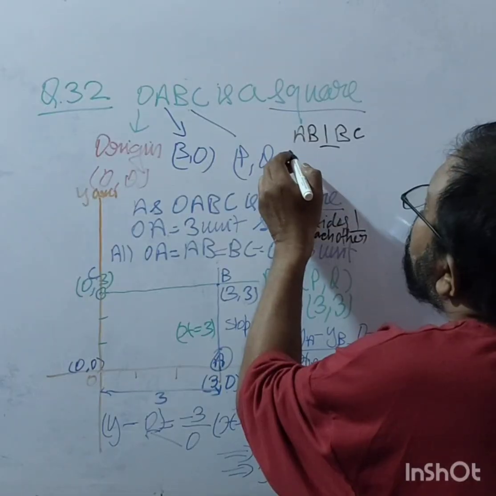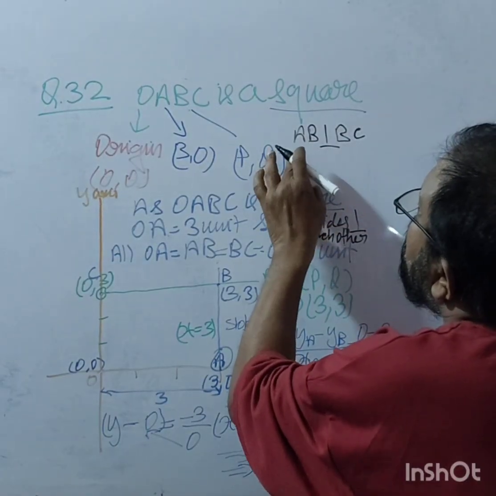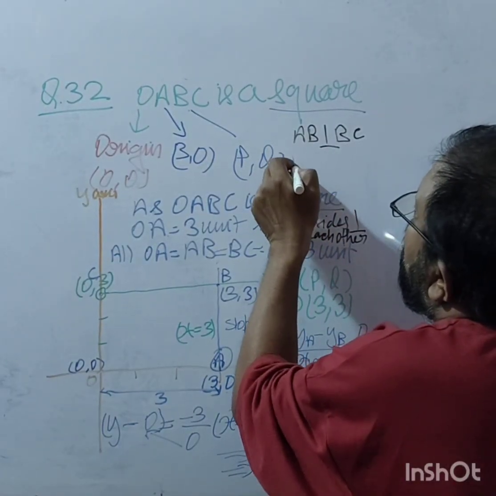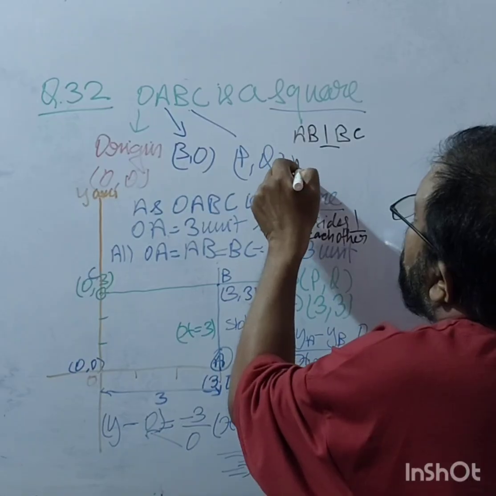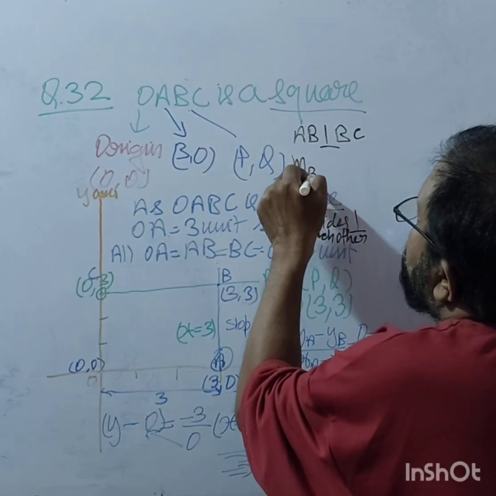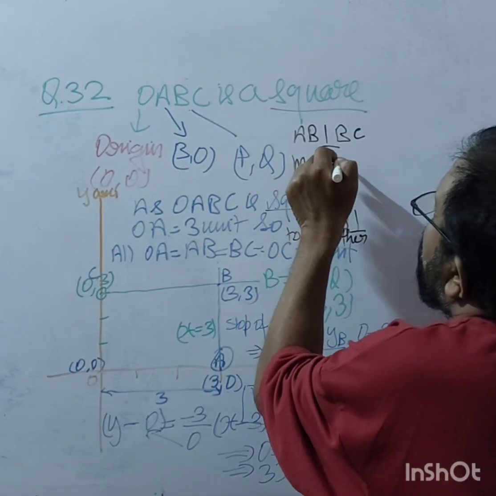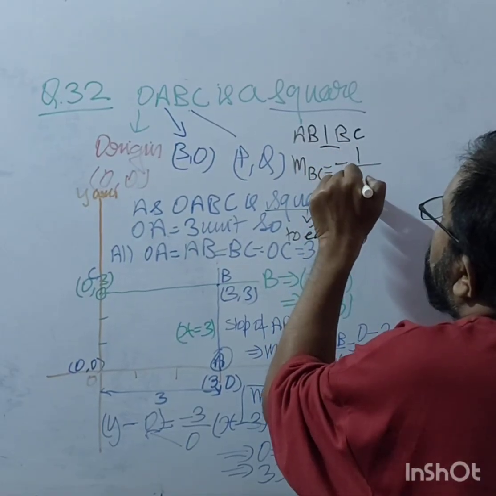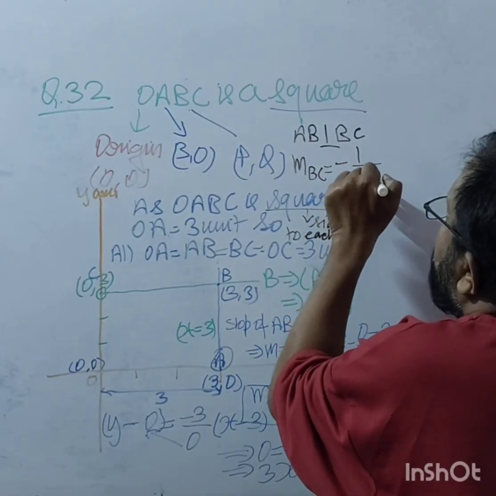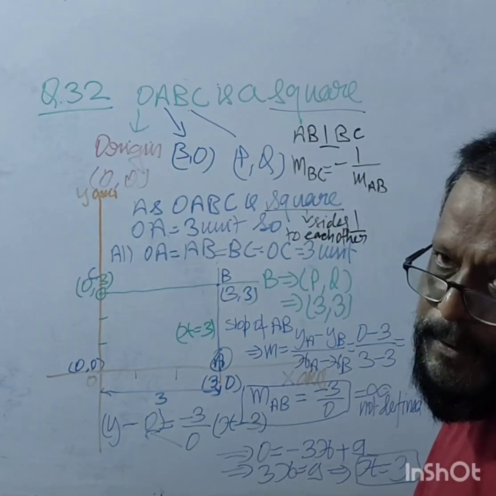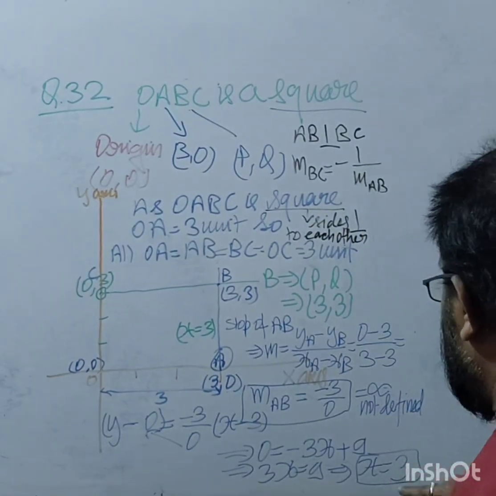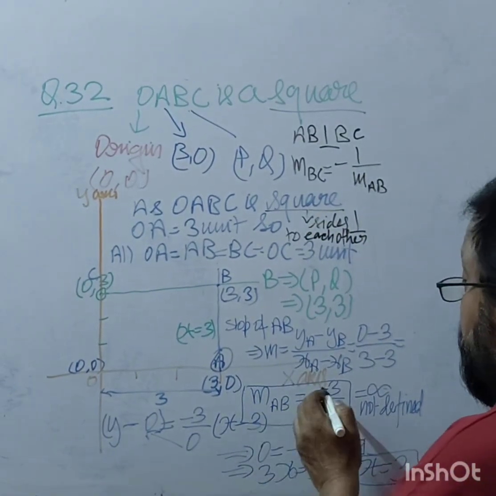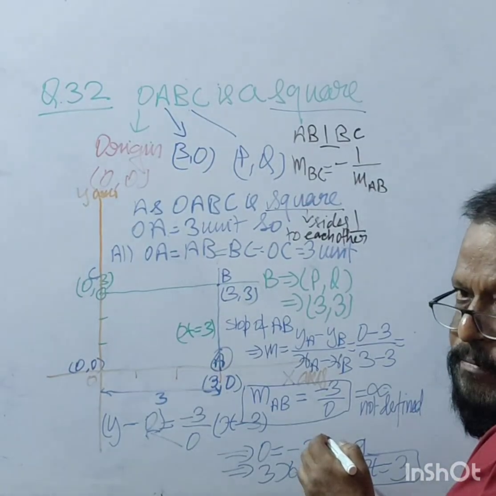So slope MBC is equal to minus 1 upon MAB, and MAB is minus 3 upon 0.